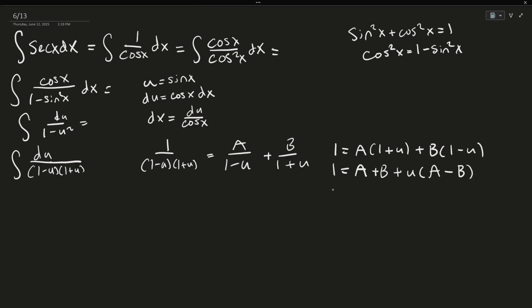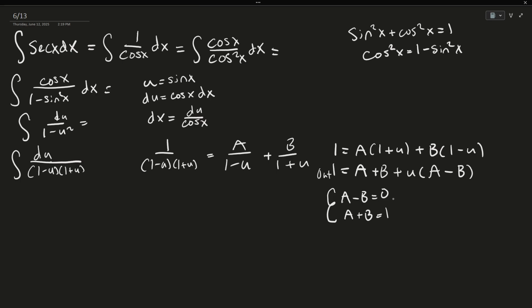So this lets us set the coefficients equal to each other, so we set up this system of equations. Since we know the u term, this is really 0u plus 1. So we know the u term is equal to 0, so a minus b must be equal to 0. And finally, since we know the constant term is 1, a plus b equals 1.